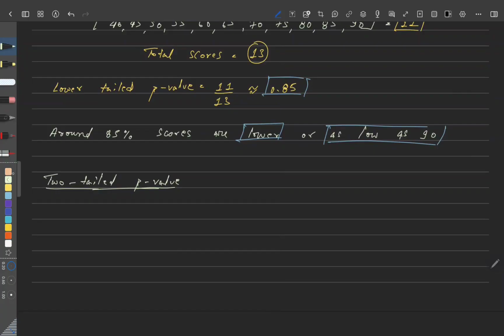What it tells us is how many numbers are as extreme as 90 in either direction from the middle. When we say from the middle, we mean average. How many numbers are as extreme as 90 in either direction from the average of that particular data set, or from the middle. You can use median as well as a measure, but we'll use average because it's generally a good measure.